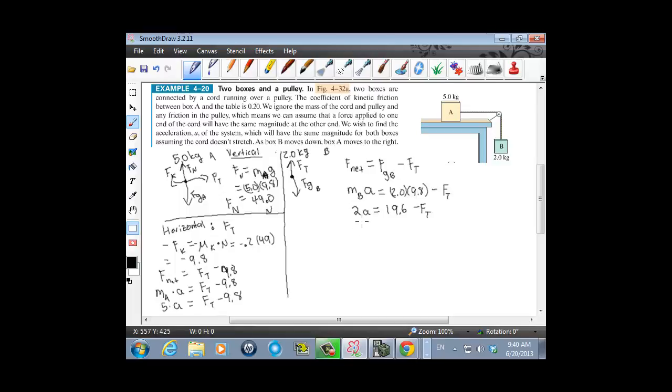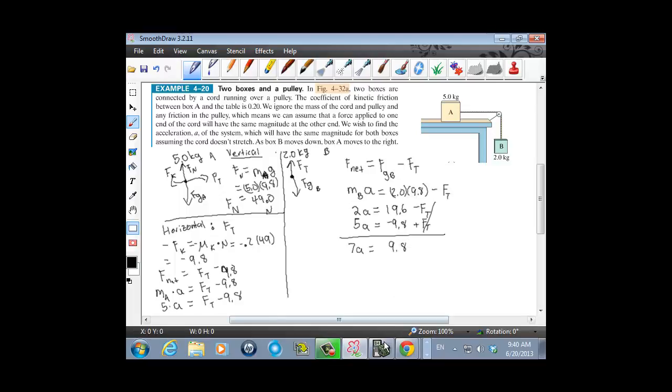Okay, so now I have two equations, so I've got simultaneous equations. 5a equals negative 9.8 plus Ft. Those cancel. 7a equals 19.6 minus 9.8, which again is 9.8.